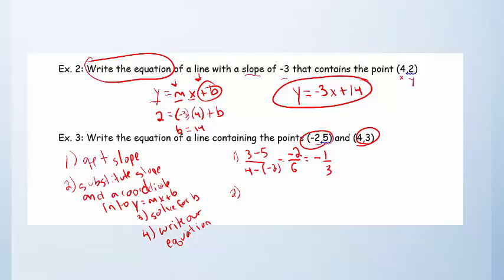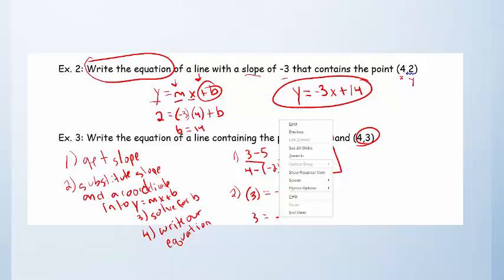Step 2, I'm going to substitute my slope and one of my coordinates in for y, m, and x in order to figure out my b. So I'm going to choose to use 3 and 4 as my points. I'm going to get negative 4/3 here when I multiply.